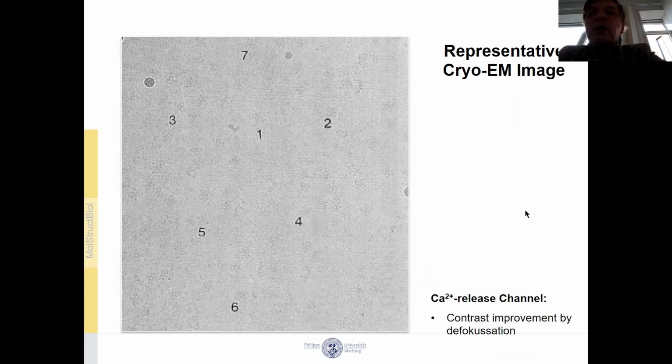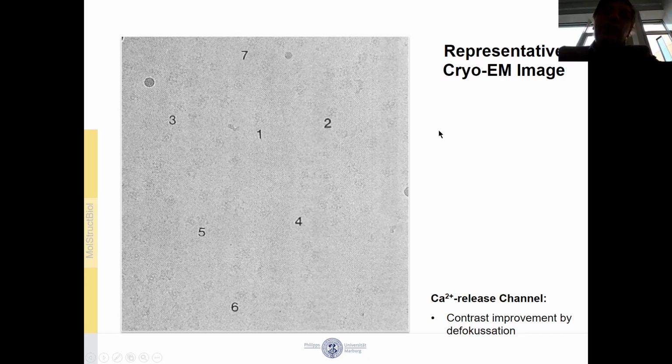So that is a typical image you get from a cryo-EM experiment. So where is the signal? The signal is where the numbers are. It's not this one here. This is an artifact. I don't know how you can see it on your computer screens, but we see something there, something there, something there.